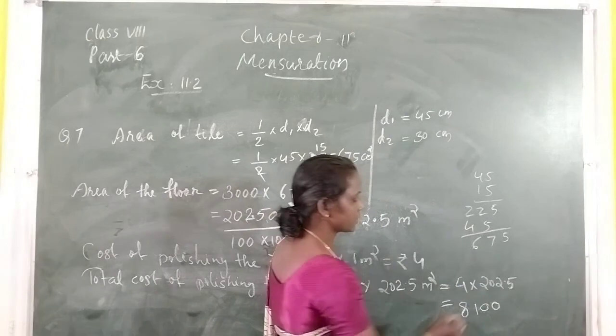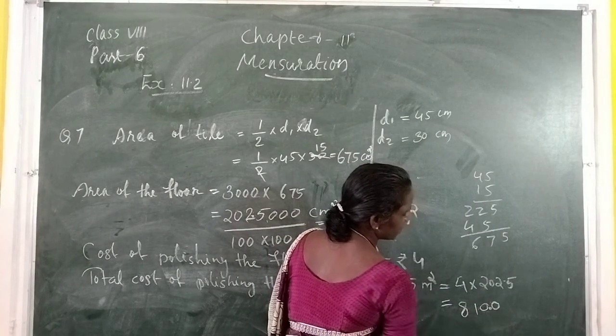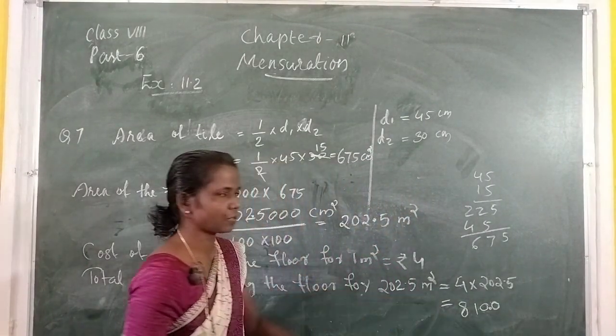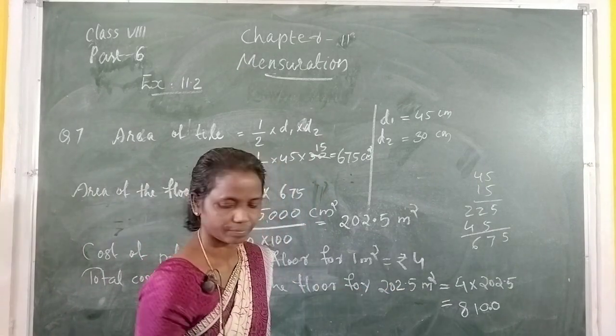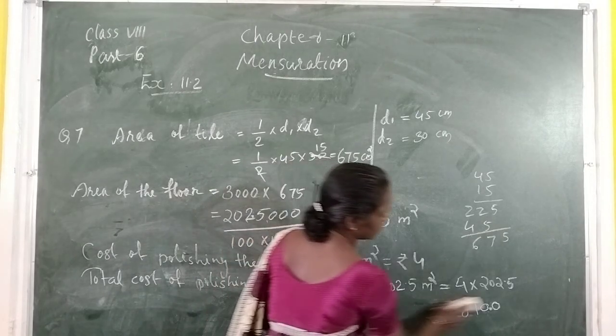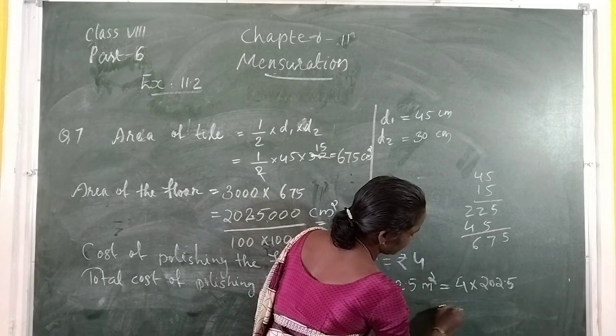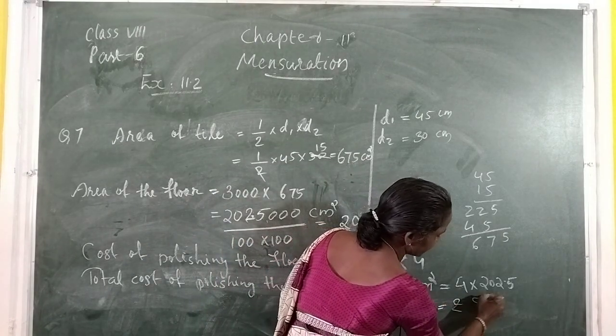Then how many digits after the decimal? One. So what is the total cost? Total cost is 810 rupees.